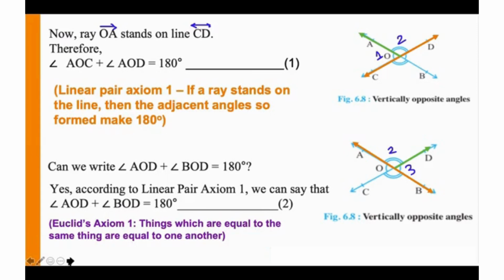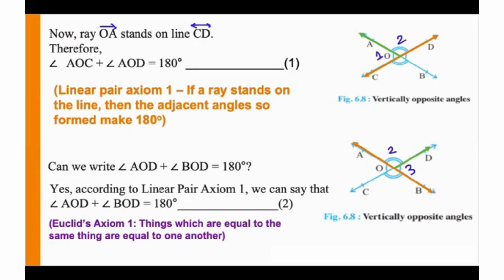Euclid's axiom 1, if you remember from chapter 5, says that things which are equal to the same thing are equal to one another. So if we look at our results 1 and 2, in result 1, we have angle AOC plus angle AOD equal to 180 degrees. In result 2, we have angle AOD plus angle BOD equal to 180 degrees.